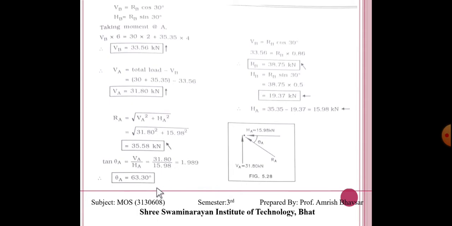So we will get 63.30. So whenever we have an inclined support, we have to consider VB and HB in the form of sine and cos. Clear everybody?